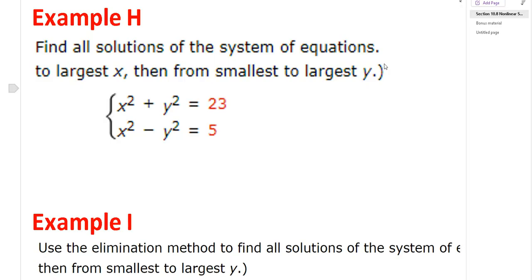So let me copy this down, example H. And let's see, we've got x squared plus y squared equals 23, and x squared minus y squared equals 5. So graph of a circle and a graph of a parabola.